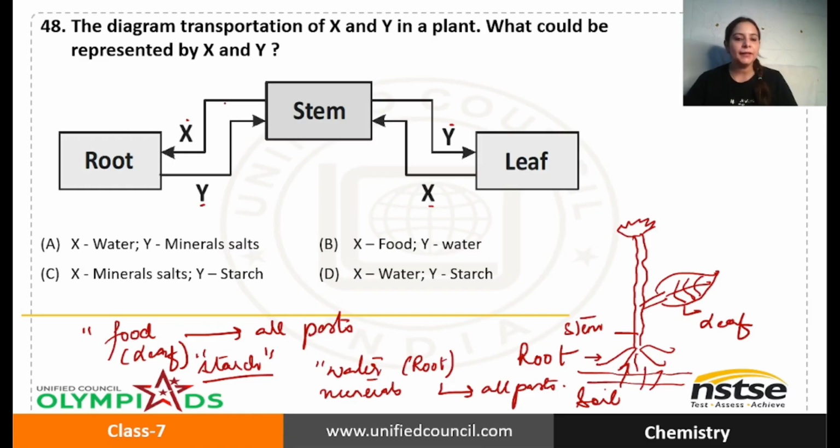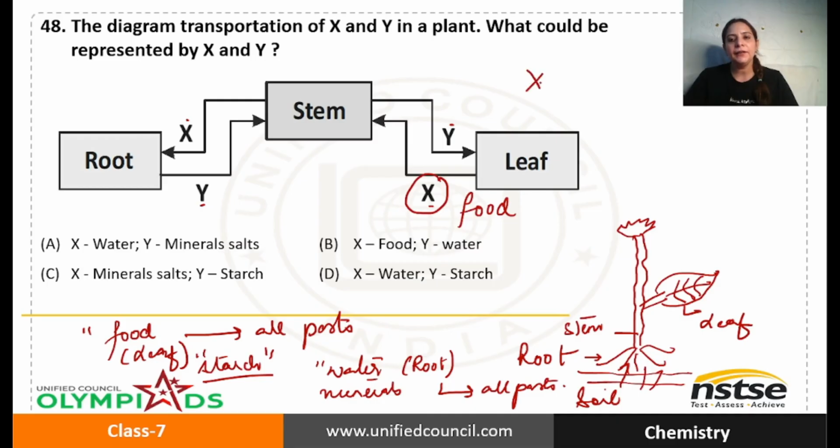Now let's look at the figure. By the arrows shown, something is transported from stem to root, and something is transported from stem to leaf, and in the second you can see that something is transported from leaf to stem. That something transported from leaf to stem is obviously going to be food.